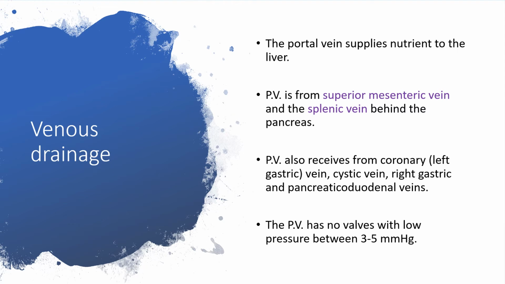The portal vein also receives supply from the coronary vein through the left gastric and cystic veins, the right gastric, and pancreatico-duodenal veins. The portal vein has no valves, and it has low pressure, between 3 to 5 millimeters of mercury.